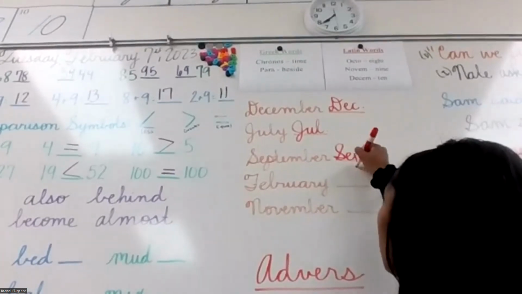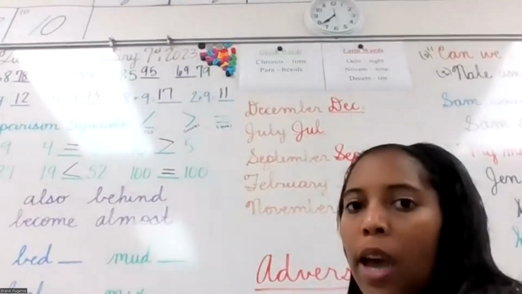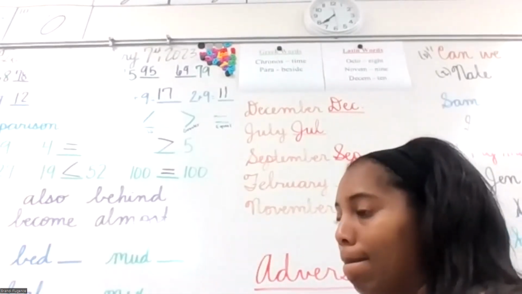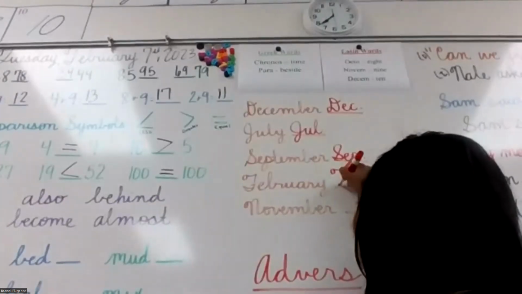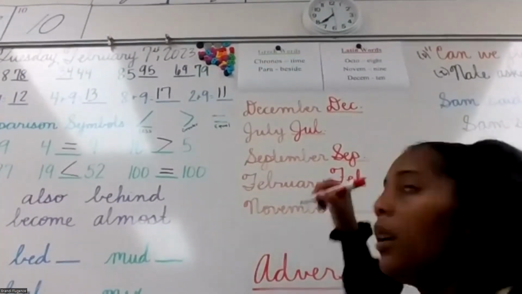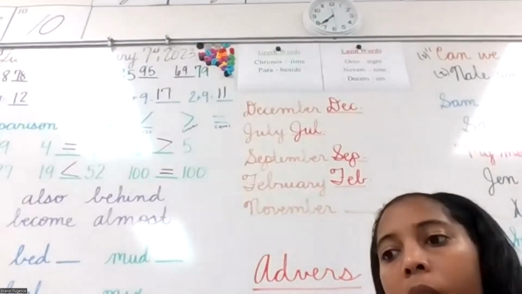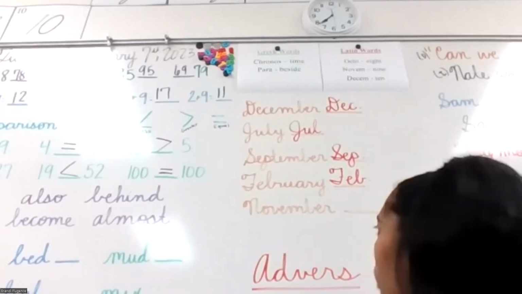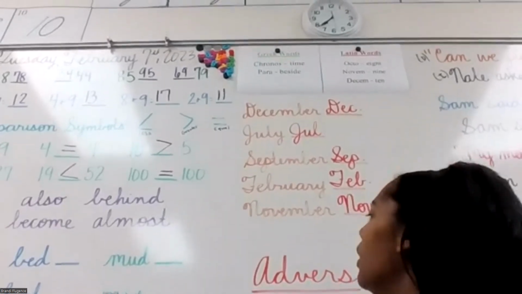Capital S-E-P dot. February, how would I abbreviate February? Capital F-E-B dot. And November, how would I abbreviate November, Kendall? Capital N-O-V dot. Good. Awesome.